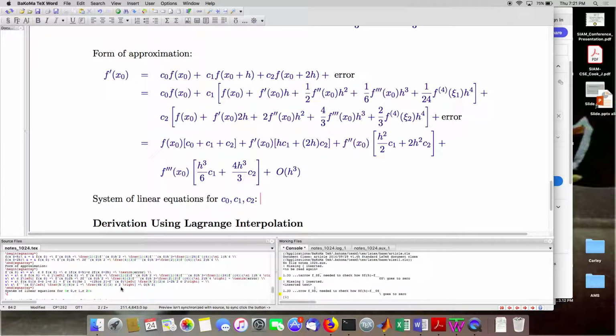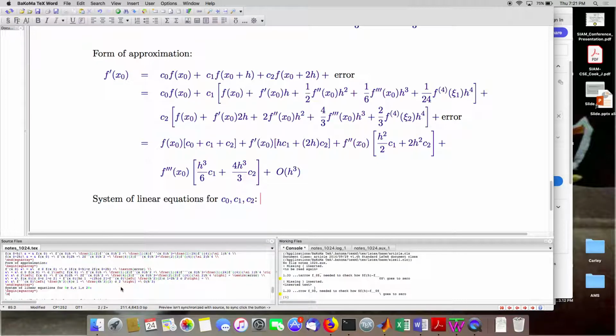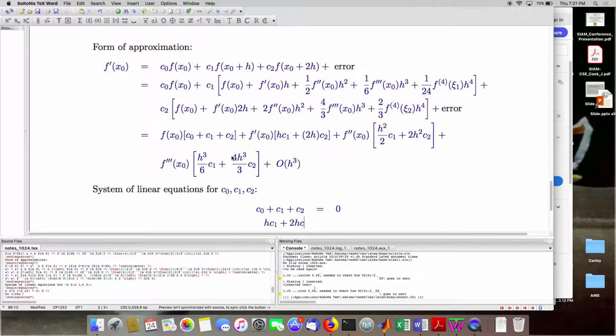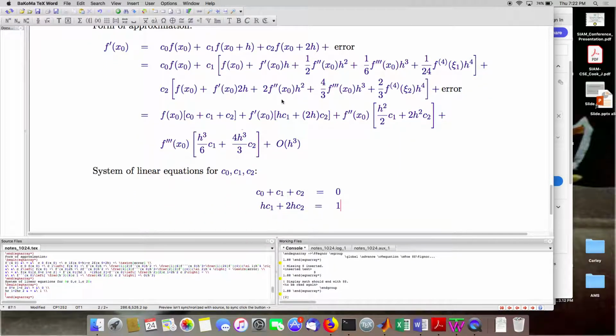So I can summarize that system of linear equations here. I have c0 plus c1 plus c2 equals 0. That comes from here. And then I have h c1 plus 2h c2 equals 1, from here.